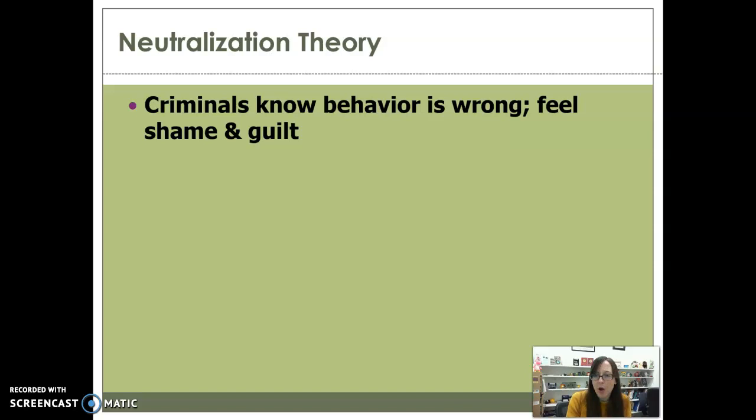So criminals know that their behavior is wrong. That's the basic underlying assumption of neutralization theory: they're not willfully ignorant of the idea that they're possibly hurting people or taking things that aren't theirs. They know what they're doing is wrong, at least according to societal standards, and they feel a certain amount of shame and guilt.